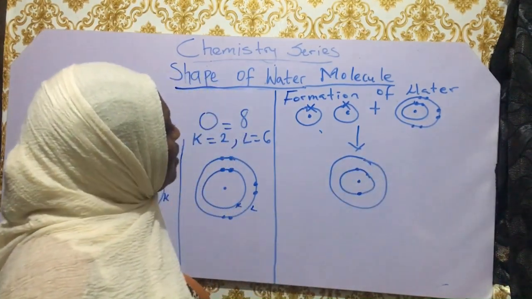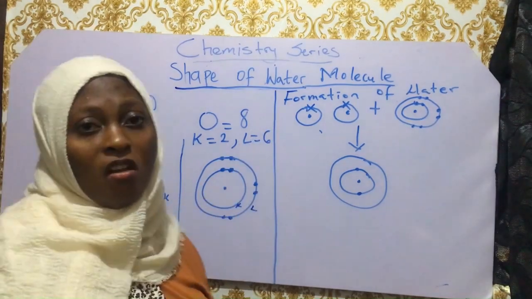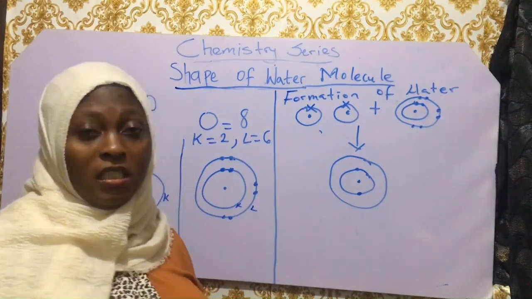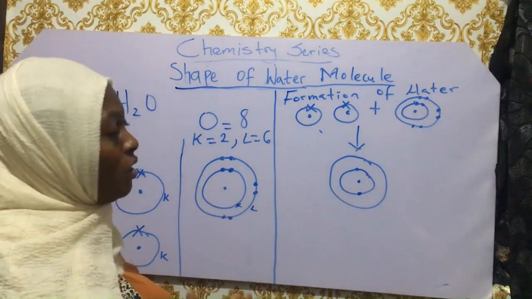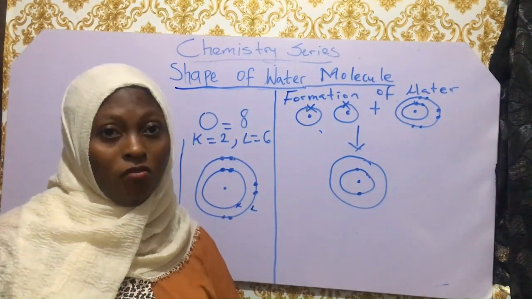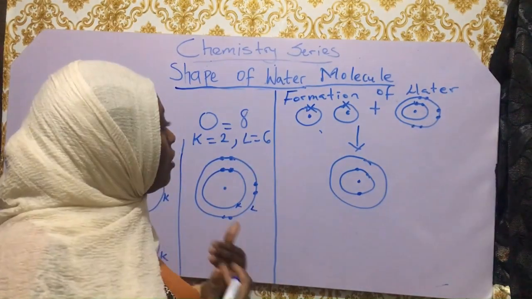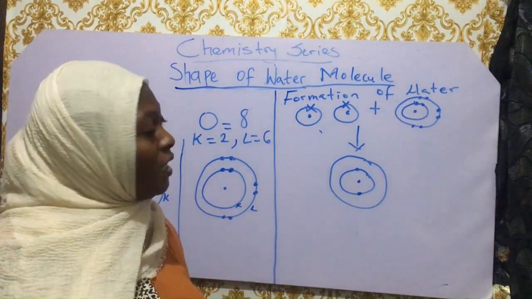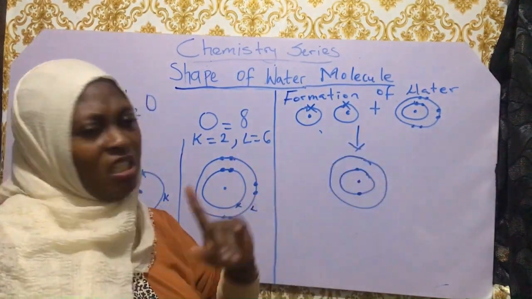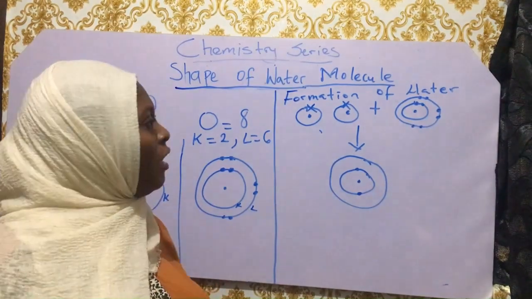Now we can see that for the first hydrogen, it is not stable because it is not obeying the 2-8-8-18 rule. The second hydrogen atom is also not stable because it is not obeying the 2-8-8-18 rule. And oxygen atom too is not stable.